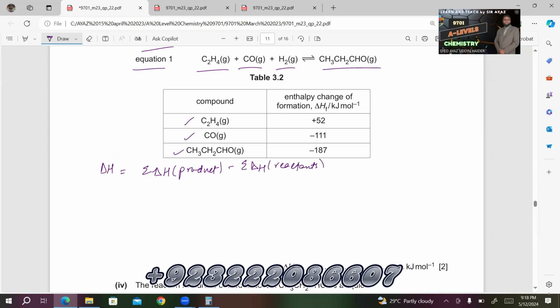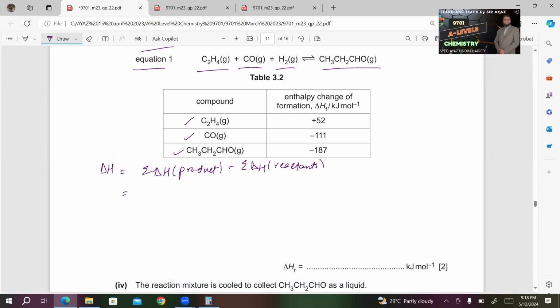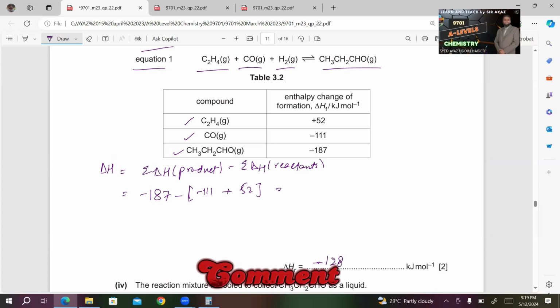So putting the values, on the product side, what do you have? We have minus 187, minus, we have minus 111 for CO, plus 52 for C2H4.